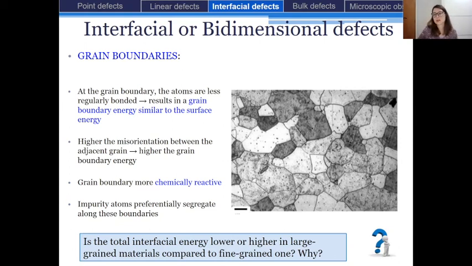Okay, so think about it, and think about what we discussed about the grain boundary energy, and about this grain boundary area.